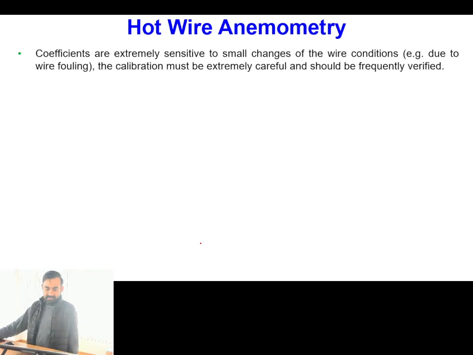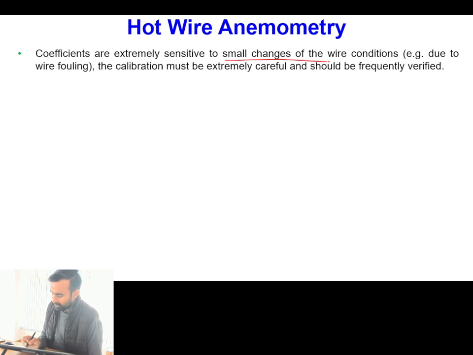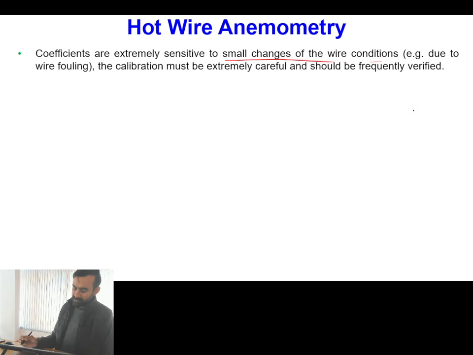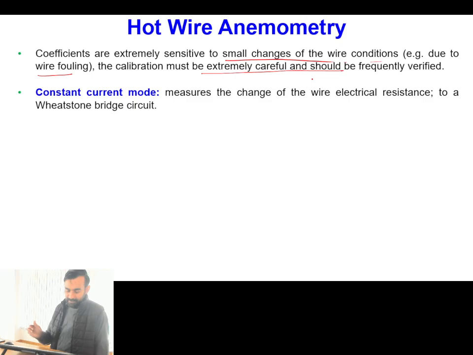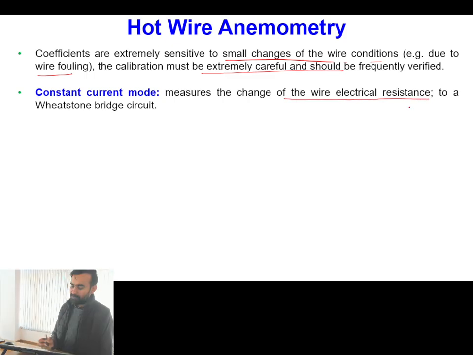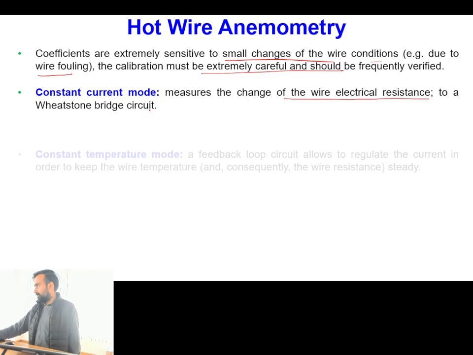Yes, the coefficients are extremely sensitive to small changes in wire conditions, particularly wire fouling, etc. Therefore, calibration must be extremely careful, and it should be done frequently whenever you are using hot wire anemometry. It can be operated in constant current mode, which measures the change of wire electrical resistance with the help of a Wheatstone bridge.